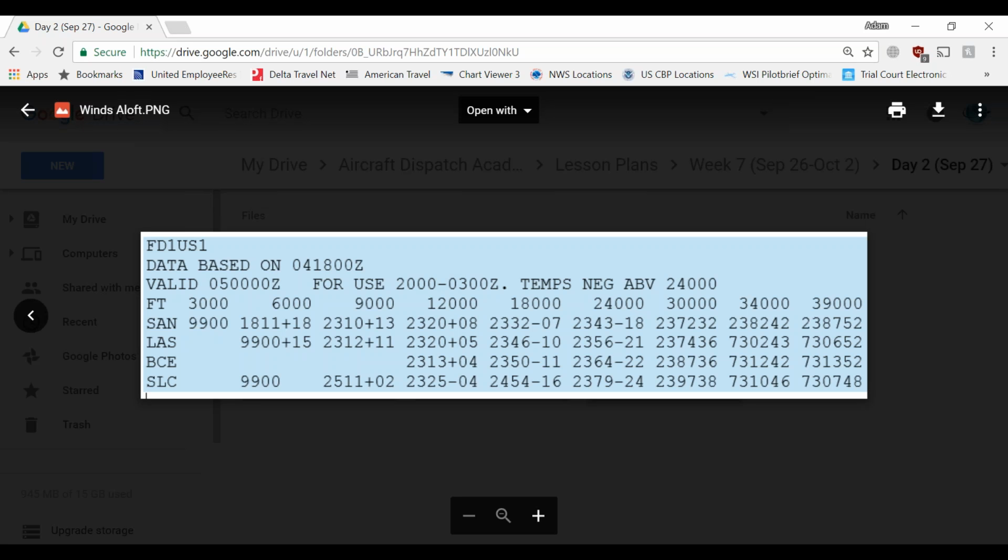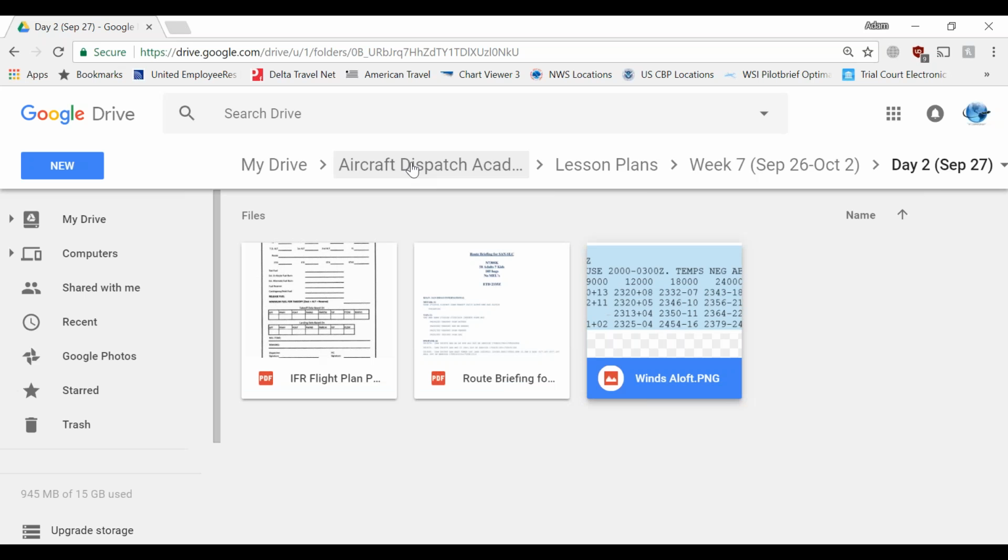Okay. Now, as far as the rest of the stuff from last time, you guys kind of want to see maybe the wind calculations and things like that.